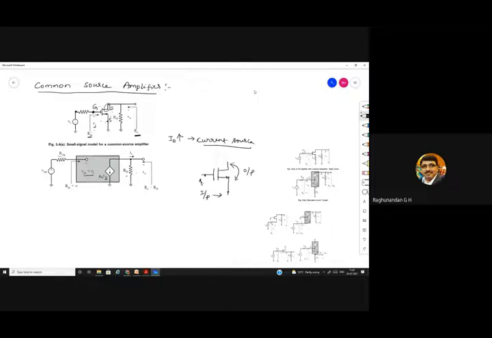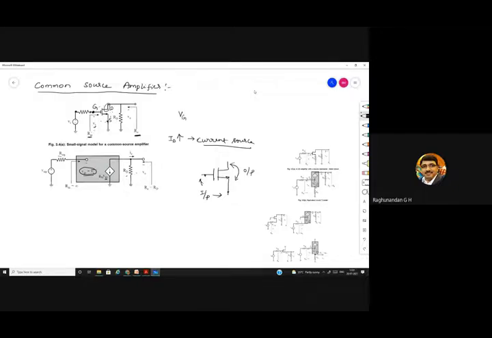So we say that both are common. VGS is equal to VI. The input voltage, whatever we are getting here, will be equal to the potential difference between the gate terminal and the source terminal.